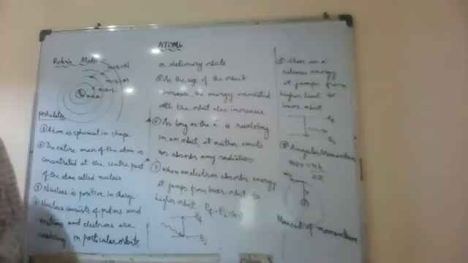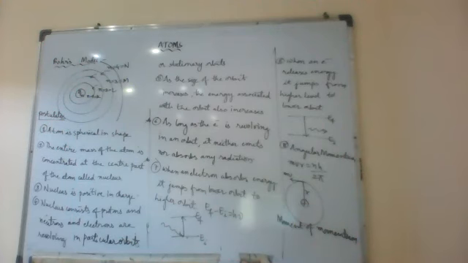Clear? Now we will discuss the electron velocity, radius and energy of the orbit. Velocity, energy and radius of the orbit. Clear with this one? Okay.